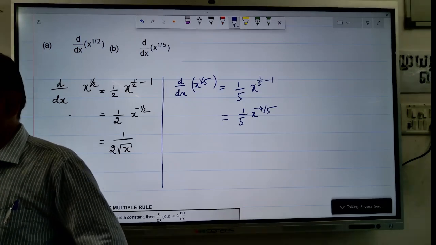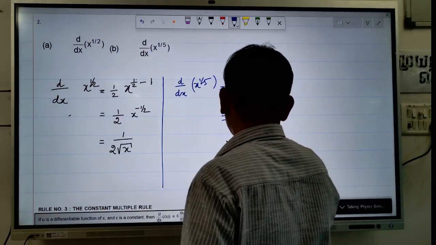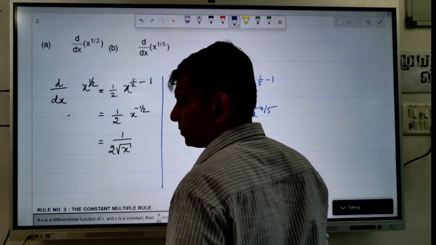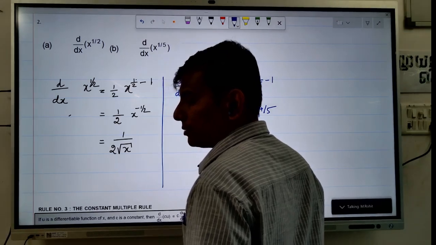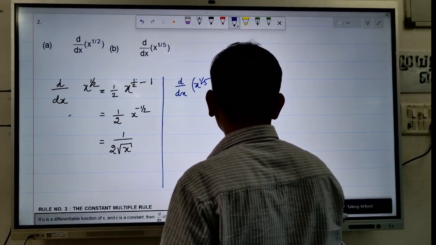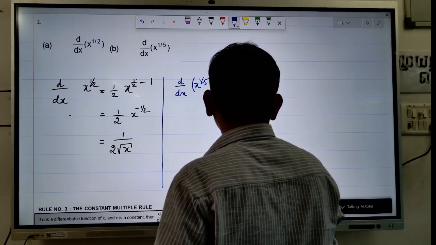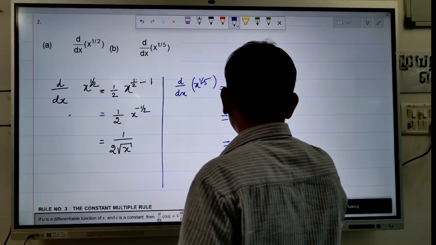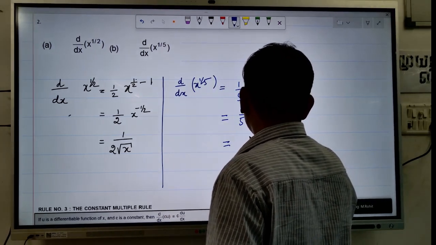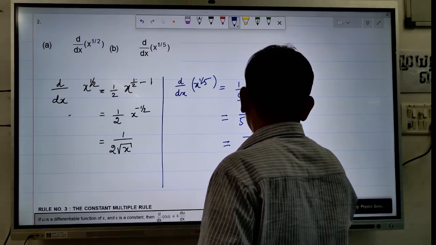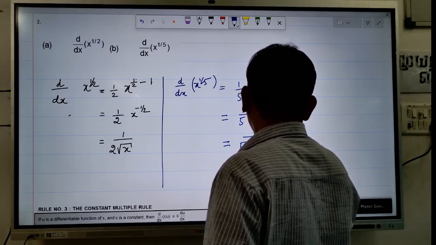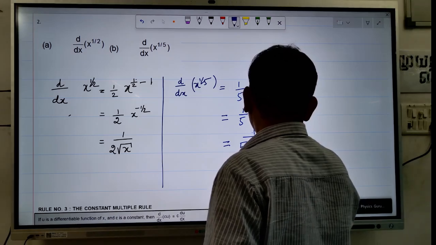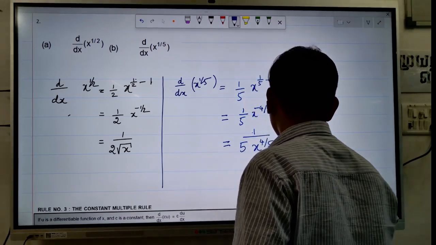That's it. If you want to elaborate it, it can be written this way: 1 by 5 into x to the power 4 by 5 in the denominator.